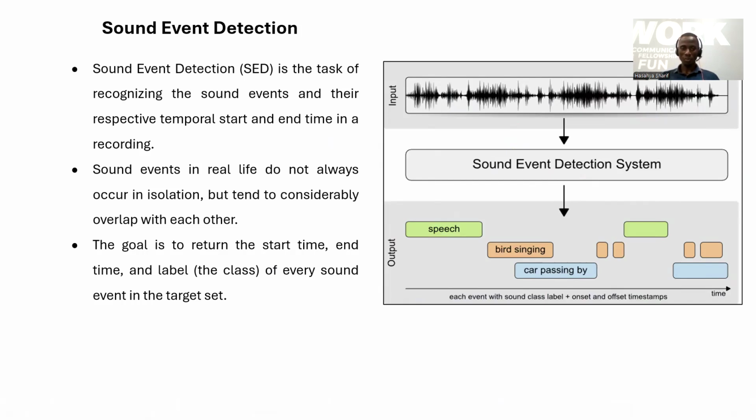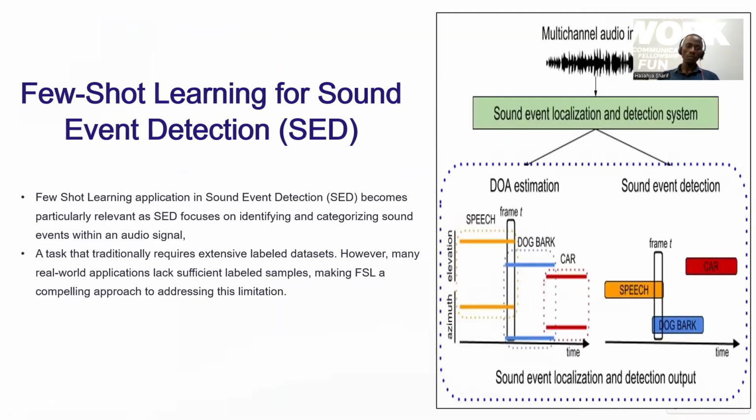Remember, in real life, sounds do not always occur in isolation, and they tend to overlap each other. That's why you hear people talking, then you're also hearing birds singing and cars passing by. All of that represents sound in real life.